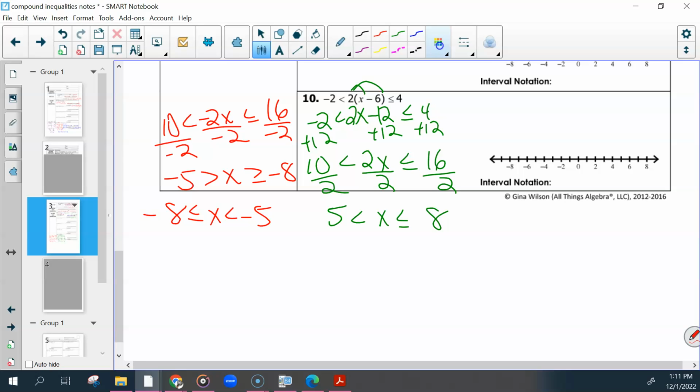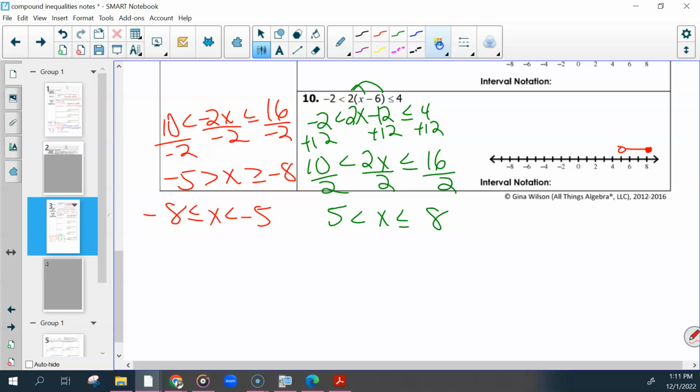So we can graph this from 5 to 8. Open circle at 5, closed circle at 8. Some of the lines are going to be smaller than others. And what would our interval notation be? Where does it start?